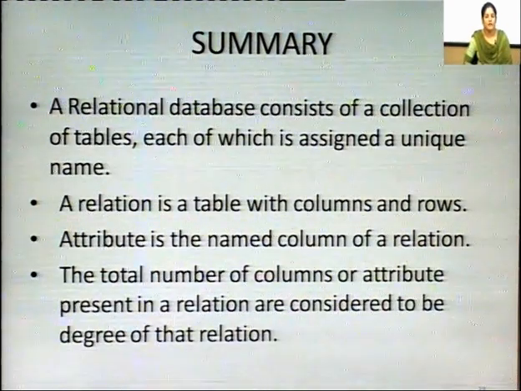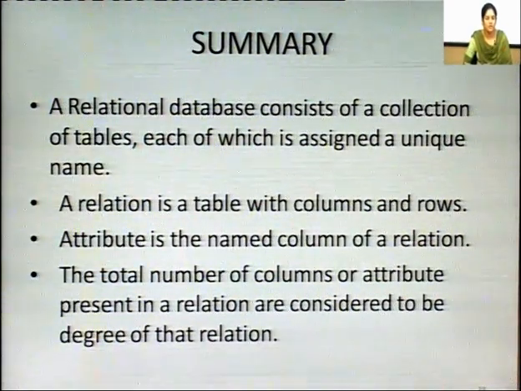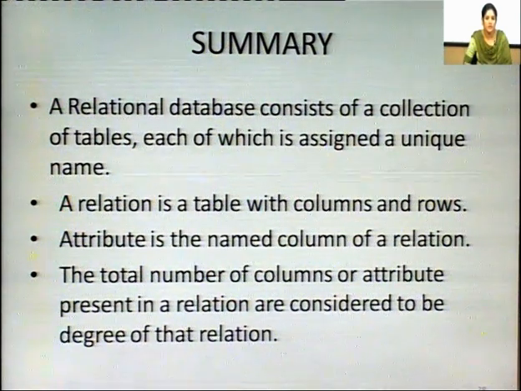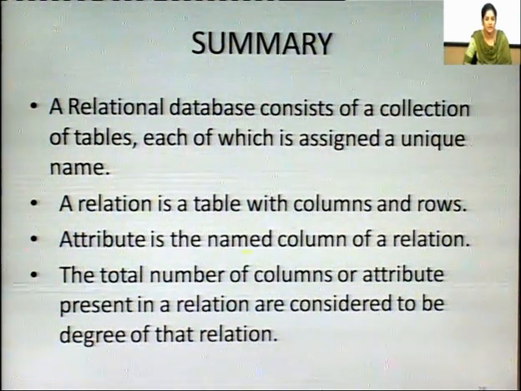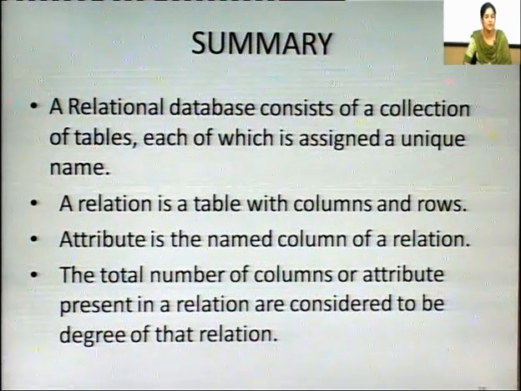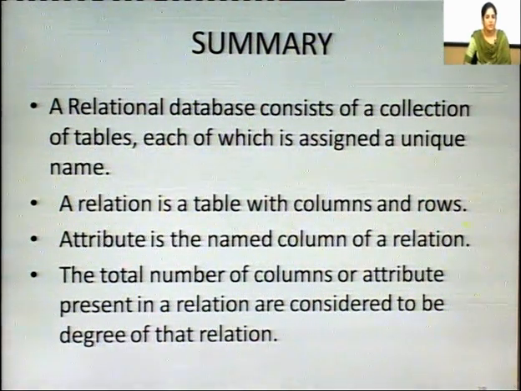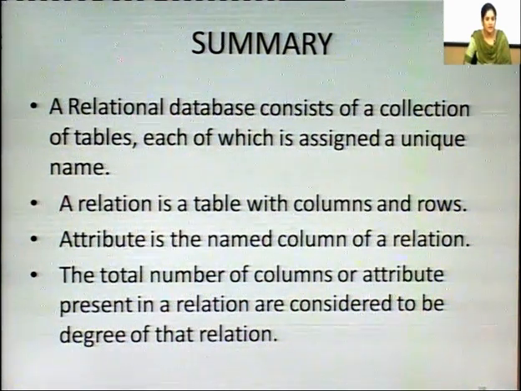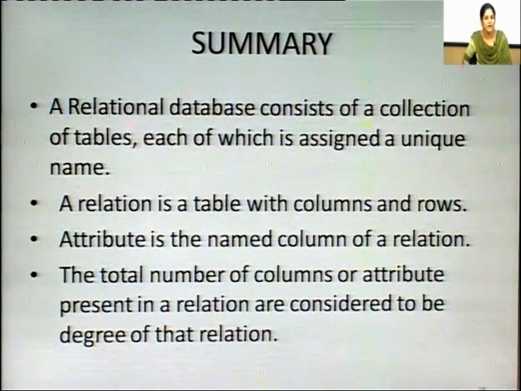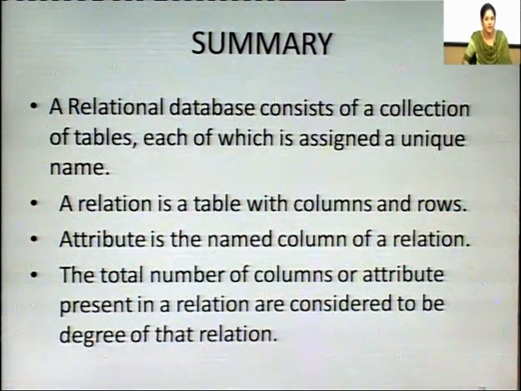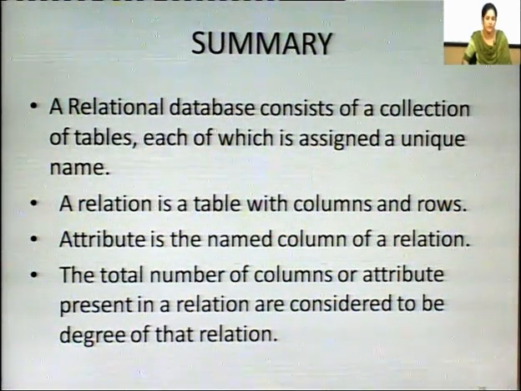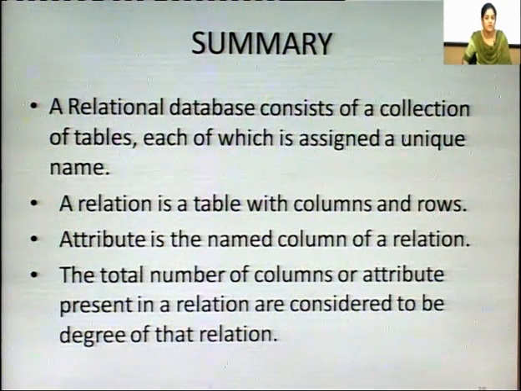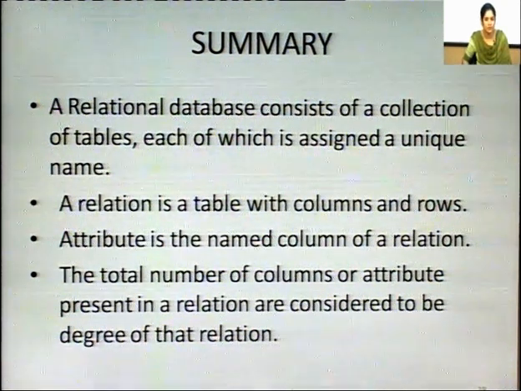Now we will revise today's chapter. What we discussed is that a relational database consists of a collection of tables, each of which is assigned a unique name. A relational database has a number of tables made of rows and columns, each having one unique name, and no two tables should have the same name. A relation is a table with columns and rows.